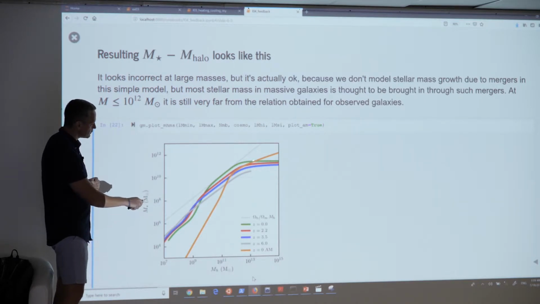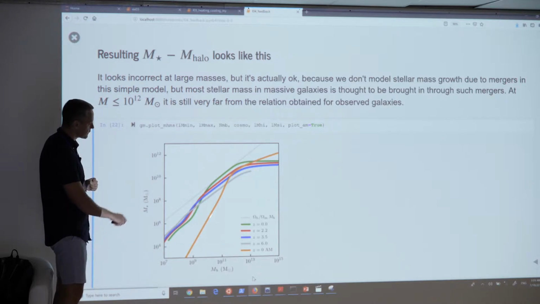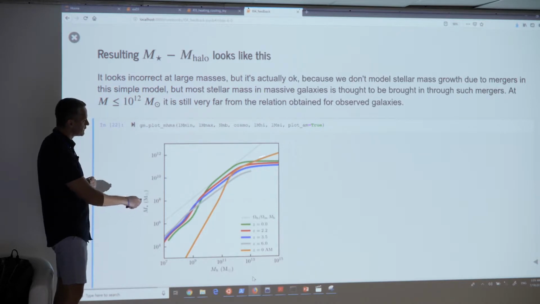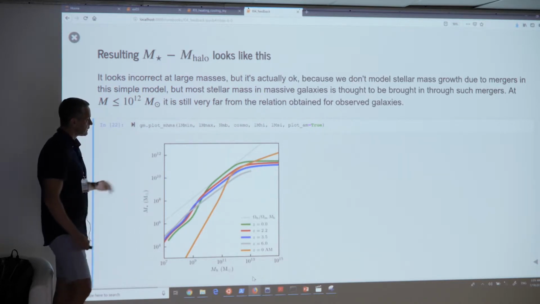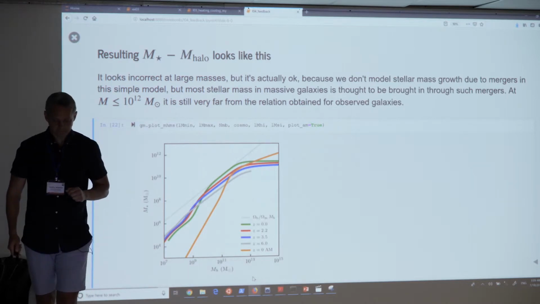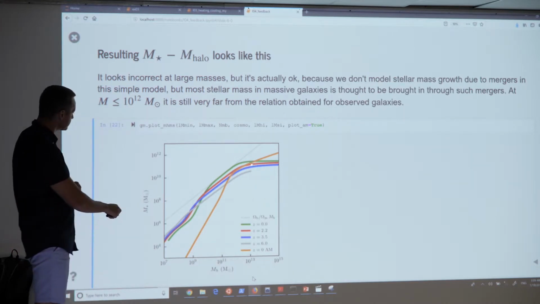If I compare it to the relations suggested by observation, shown by this orange line, I can see that I'm getting close at high masses with this process, but the slope is not right. The observations tell us that stellar mass continues to grow, whereas in this model it just stays flat.